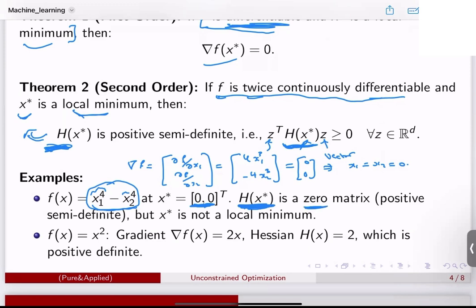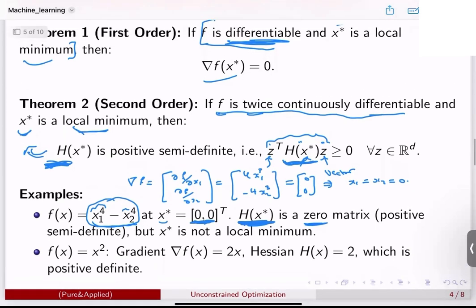And the zero matrix definitely satisfies this, because if I multiply the zero matrix by any vector and multiply it by the transpose of that vector, I'll get the zero quantity. So the Hessian matrix in this case is in fact positive semi-definite, but we don't have that x star is a local min. So just be careful here when dealing with these theorems.